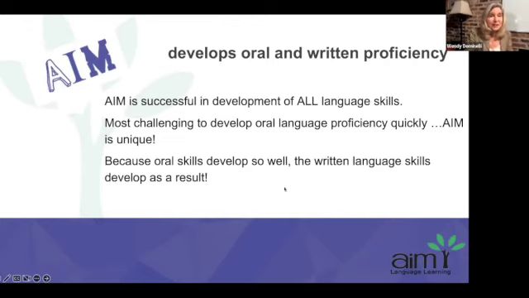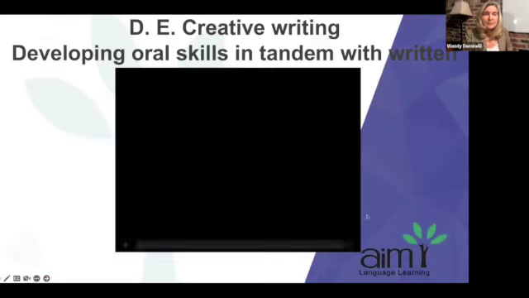But in my experience, if we can develop very strong oral language skills, the written language skills will follow very easily, because we are working from, in most cases, English to French, and we are sharing the same alphabet sounds for the most part. And so it is very, very easy to move quickly into this literacy approach that we have. So let's have a look at students working together and writing stories.